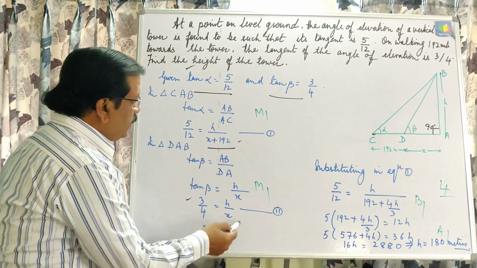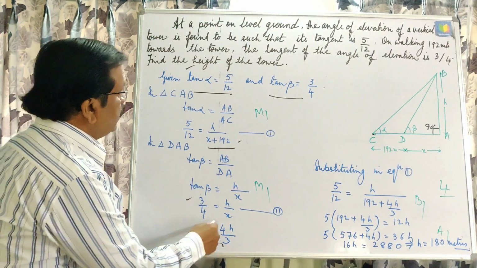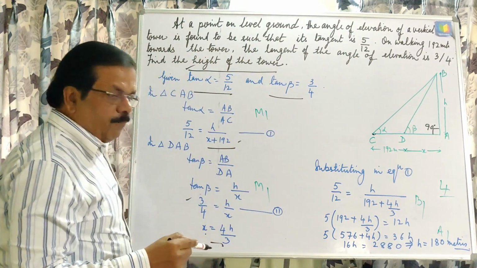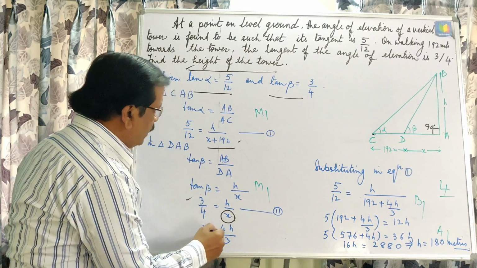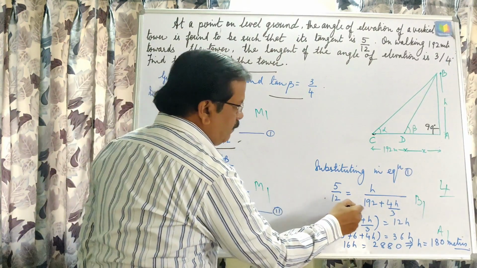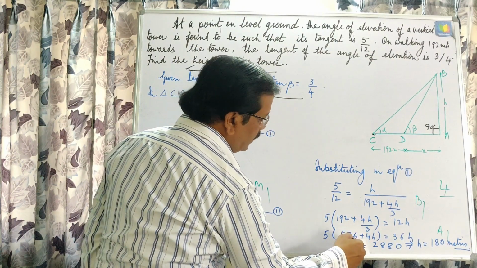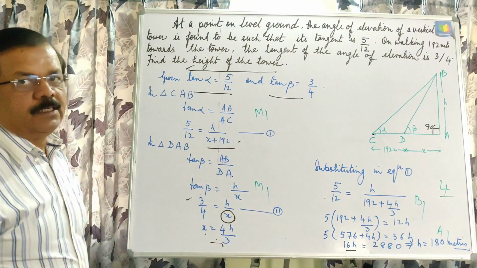So using these two equations we can find the value of h, because ultimately we have to find the height of the tower. So we can put the value of x from the second equation in the first equation, then cross multiply and simplify. After simplification we are getting h is equal to 180 meters.